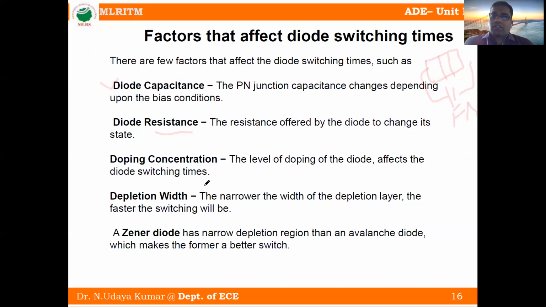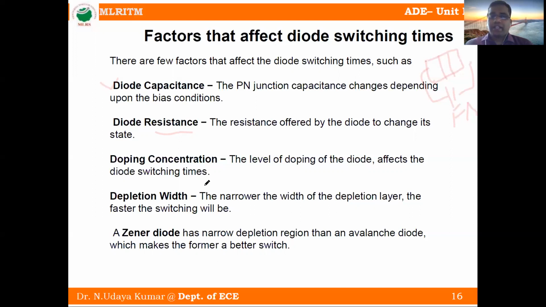How? If doping concentration is more, junction width is very less. If junction width is very less, diode capacitance is very less and switching time is more. Understood? If doping is more, conductivity is more. So the diode switching times also may differ.